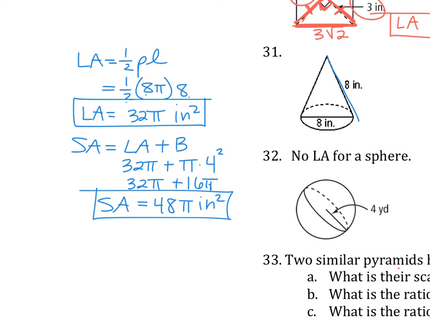Okay. So then for the volume, it's 1/3 BH. What is B? Area of the base. Which we already found, right? That's over here. That's the 16 pi. So you do 1/3 times 16 pi. And then you have to find the height on this one. Okay, so here's my height. How do I find it?